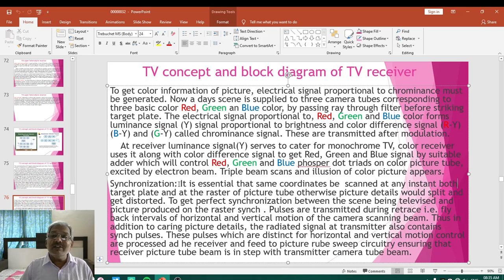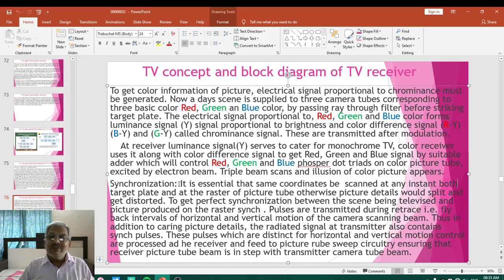Synchronization means to run transmitter and receiver in parallel to each other. Means whatever is snapped by the camera, the same is going to be reproduced on the television screen. So that aspect we can call the process of synchronization.